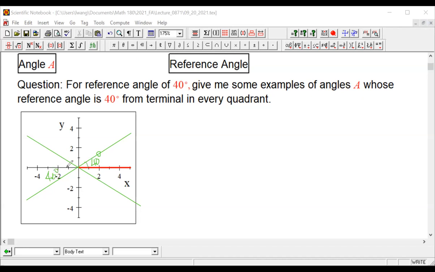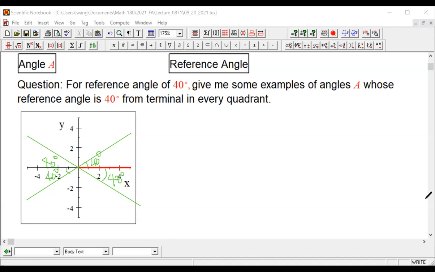This is a 40, this is a 40, and this is a 40. How are you going to find those angles?